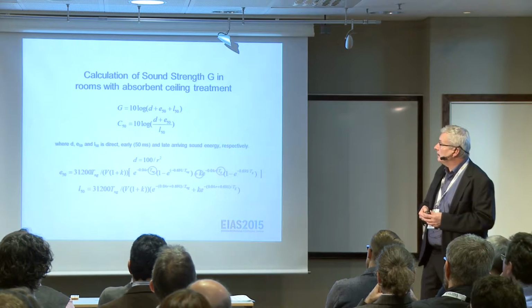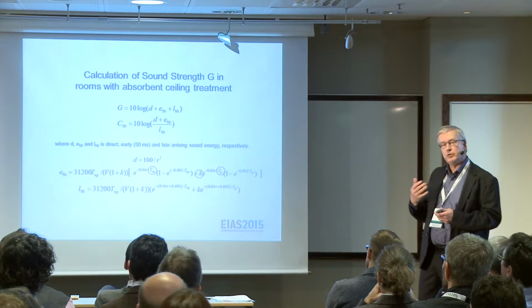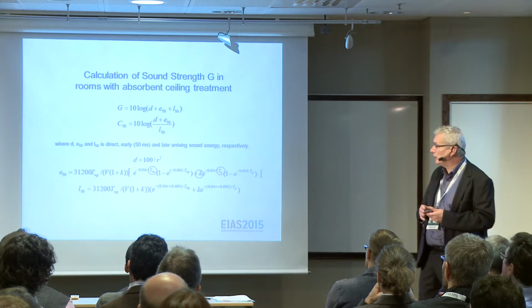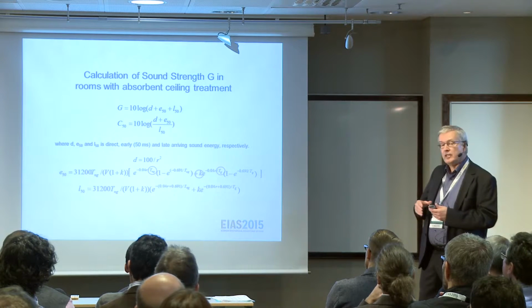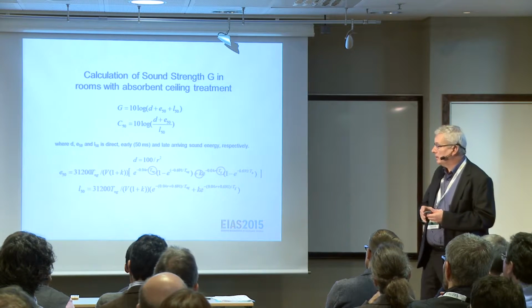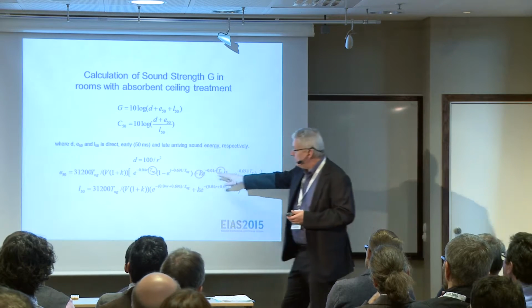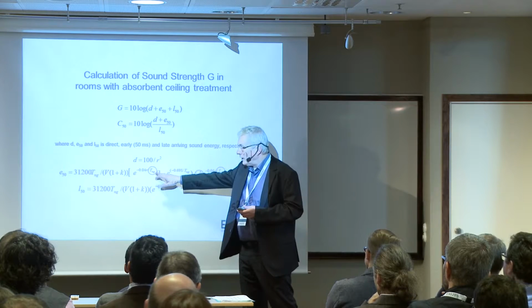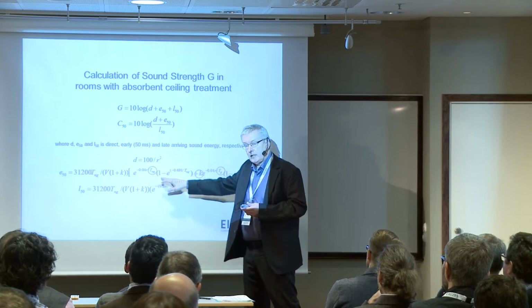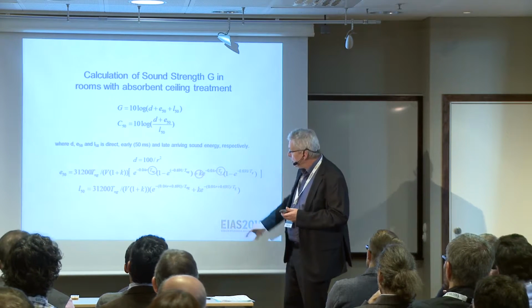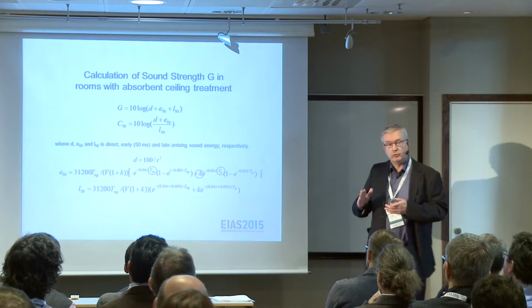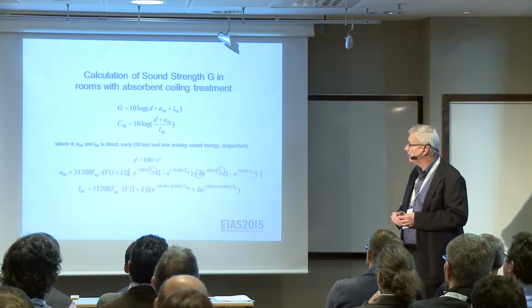Using the same approach as Barron, creating expressions for the integrated energy for the early part and the late part, we get a little bit more complicated equations, because in this case we have two decay factors, one for the non-grazing and one for the grazing. But we also need some factor that estimates the energy ratio between those two fields.